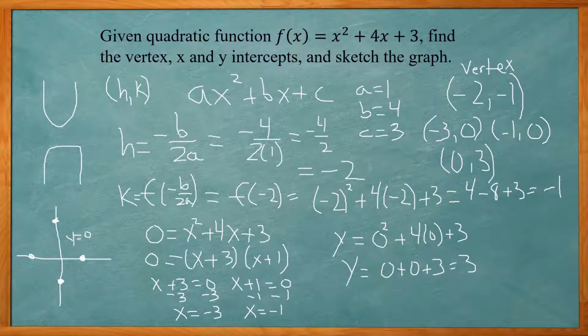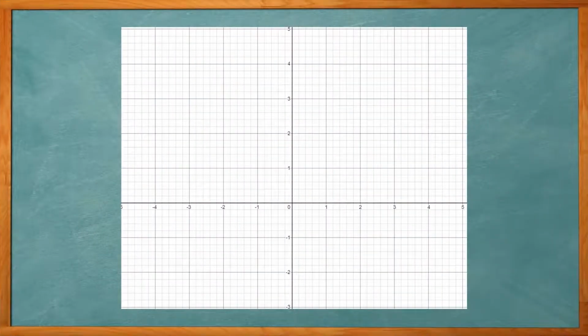Okay, so with that information, we have enough to draw our graph. You're going to draw the vertex, the two x-intercepts, and the y-intercept. Alright, so let's start with our two x-intercepts. We had negative 3, 0. That's right here.